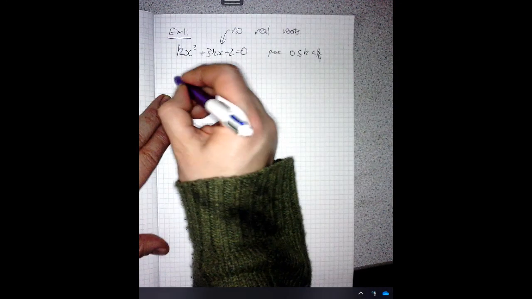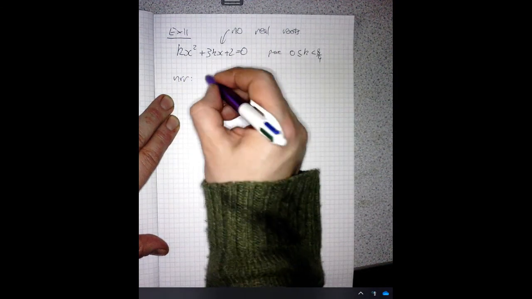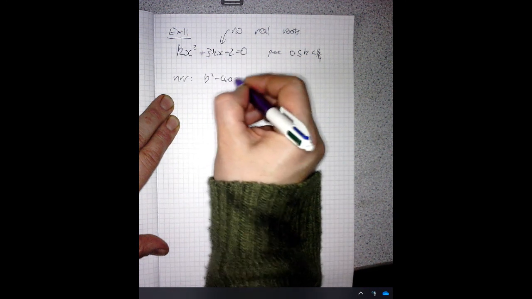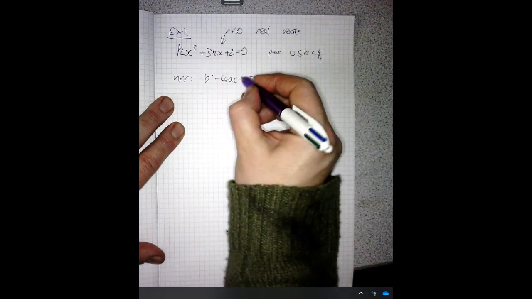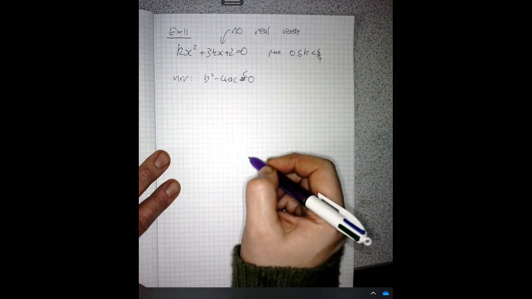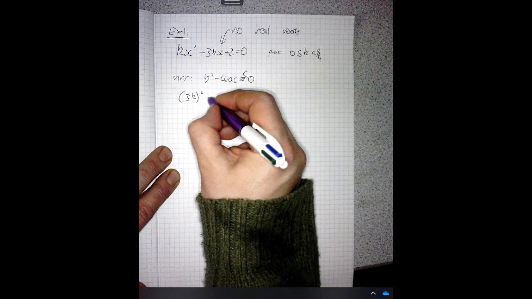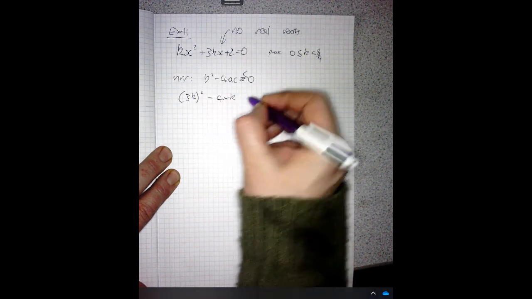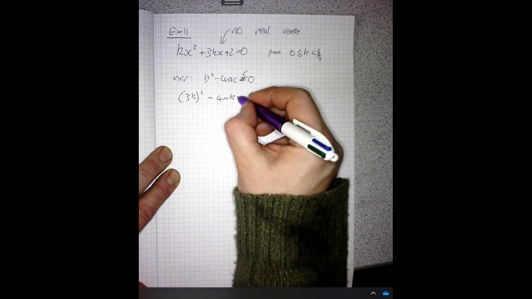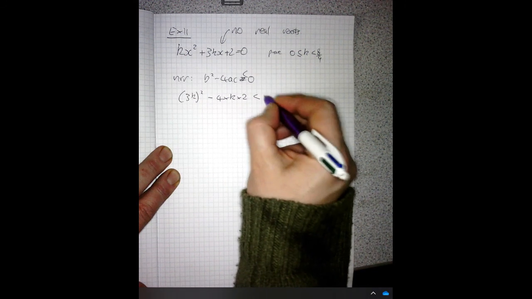Okay, so no real roots means that b squared minus 4ac is equal to 0. No, it doesn't. It means that it's less than 0, sorry. So 3k squared minus 4 times k times 2 is less than 0.